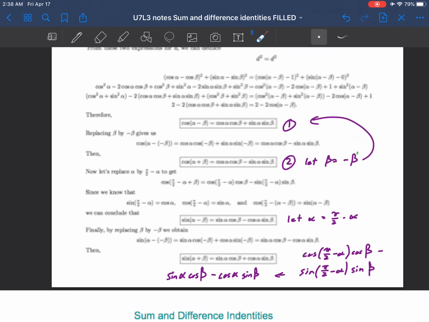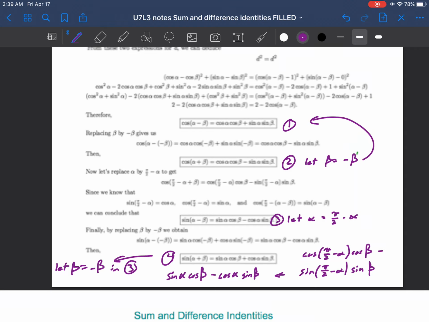And then the last step, so that's 3. The last step is very similar, like going from 1 to 2, you just let beta be negative beta. So for 4, you let beta equal negative beta in 3. Okay?